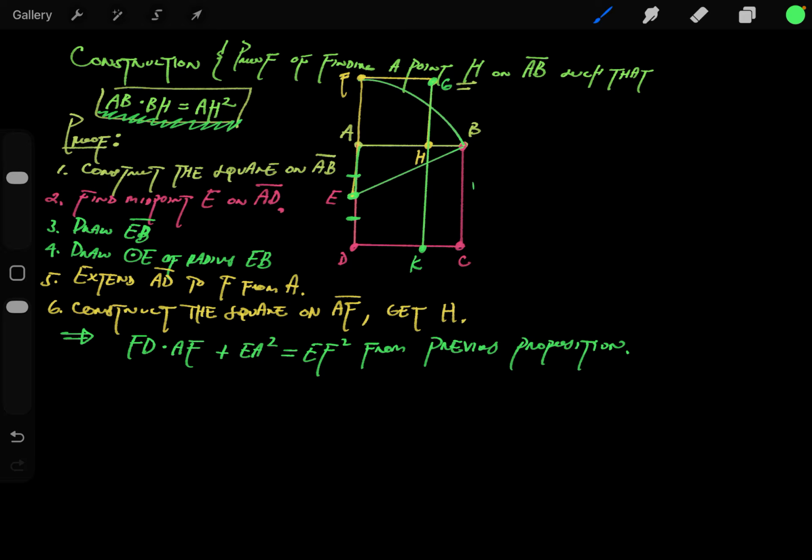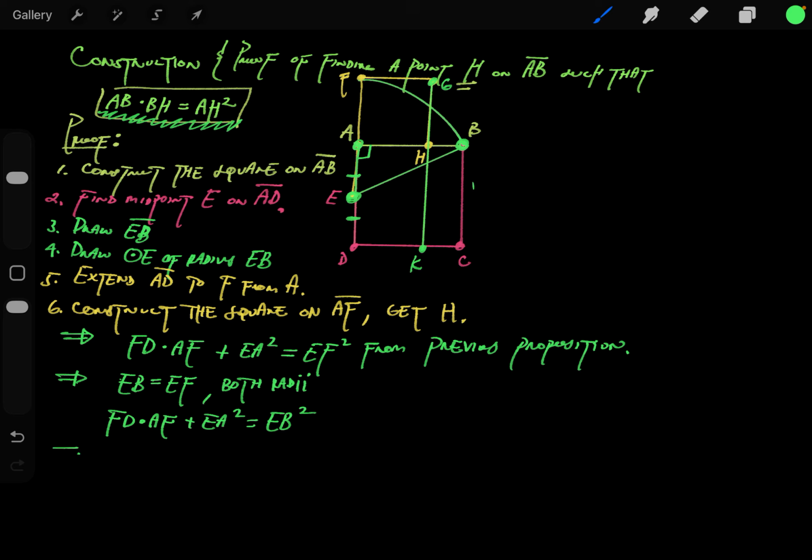Now you should see that EB is equal to EF because they're both radii. So that means that FD times AF plus EA squared is equal to EB squared. And if we look at EB and we know that we constructed a square here, we should see that ABE is a right triangle and EB is the hypotenuse.